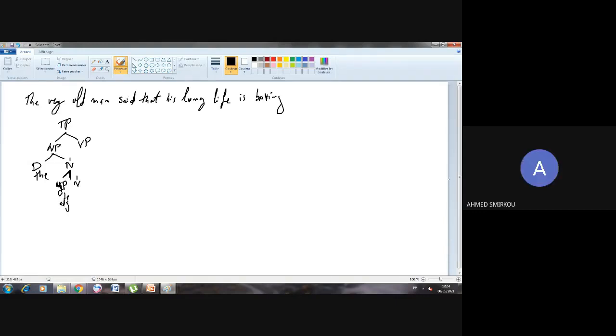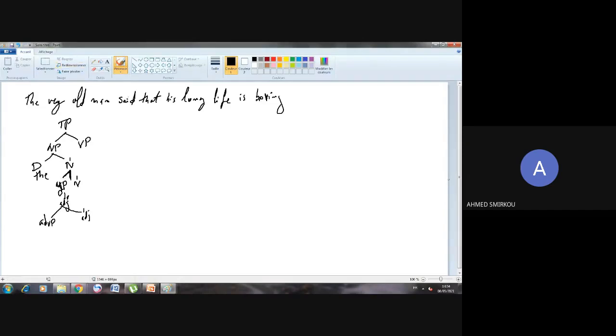From adjective bar, we have the adverb phrase and adjective bar. Please remember, whenever you have an adverb plus an adjective, you have to respect this rule. The adverb phrase must be sister to adjective bar, dominated by adjective bar.